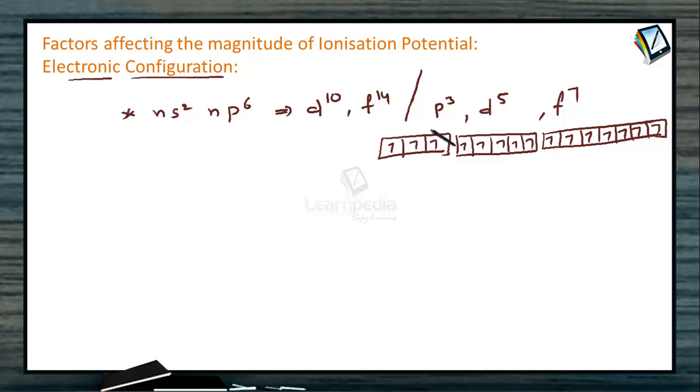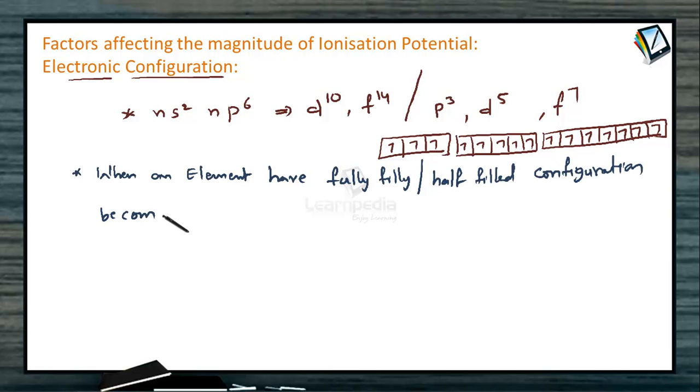So when the atom is more stable, the removal of an electron from the atom is difficult. Hence, you need to give more energy to remove the electron. So the ionization potential will increase. That means when an element has a fully filled or half filled configuration, it becomes stable.